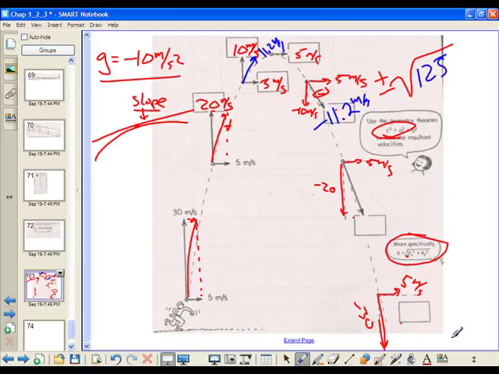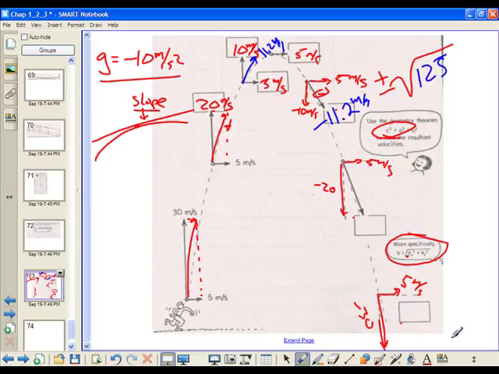Same level, same speed, but different velocities. Notice they both have a speed of 11.2, but this is a positive where the other one is a negative velocity. Remember, speed's the how much part. Whether you're going up or going down, speed doesn't matter what direction, but velocity needs a direction.